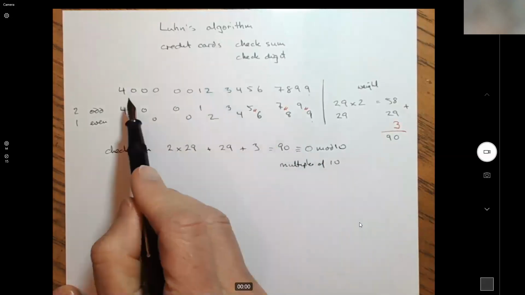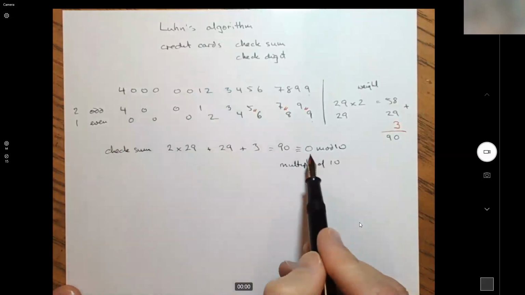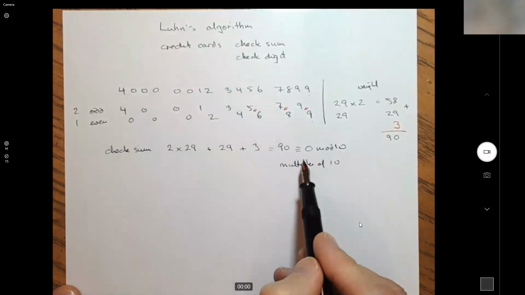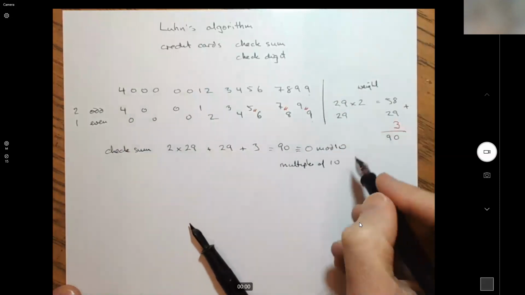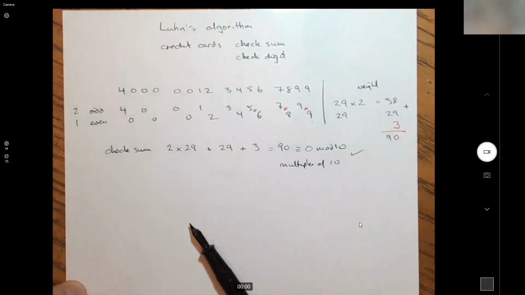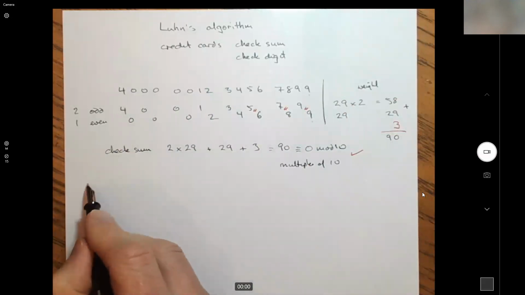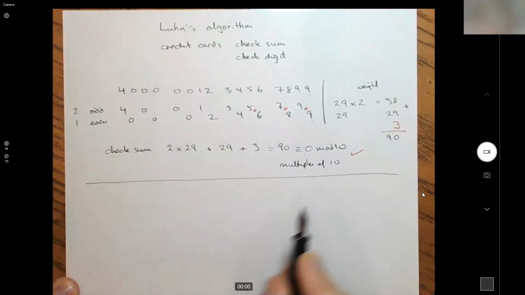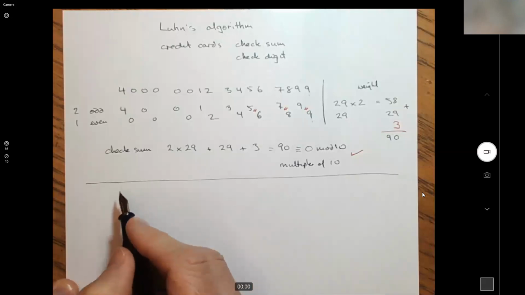We want this checksum always to be congruent to 0 mod 10, or basically a multiple of 10. So this ends up being a valid credit card number. So let's now calculate what the check digit would be if we didn't know it.